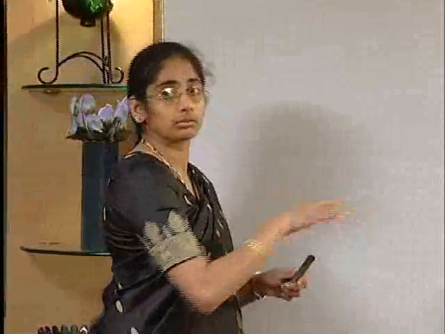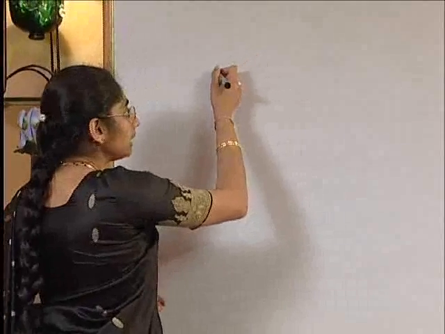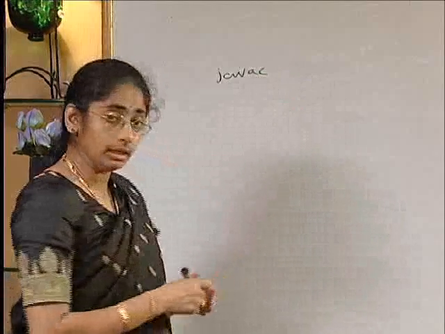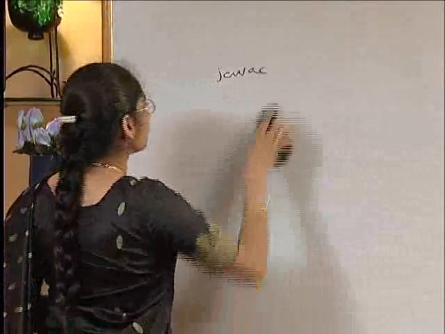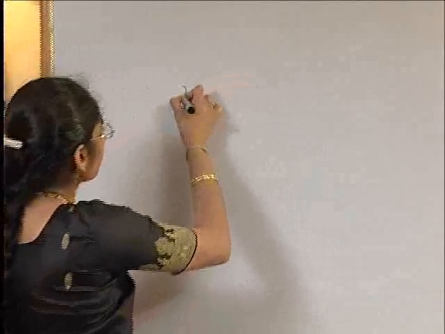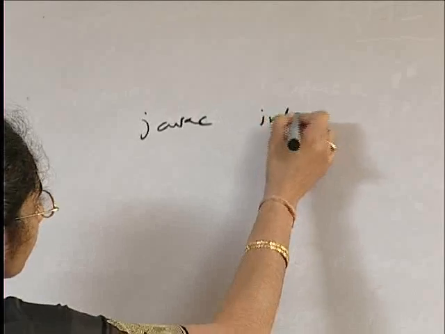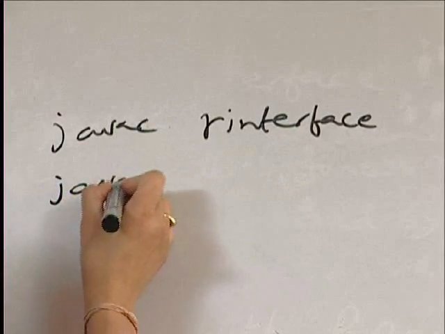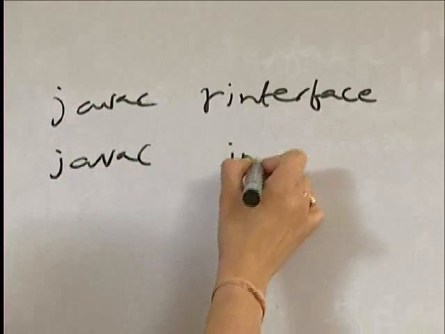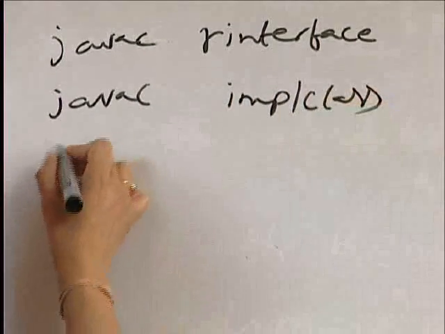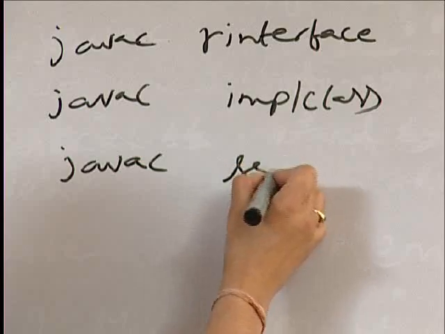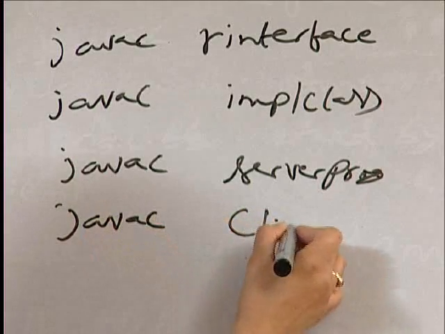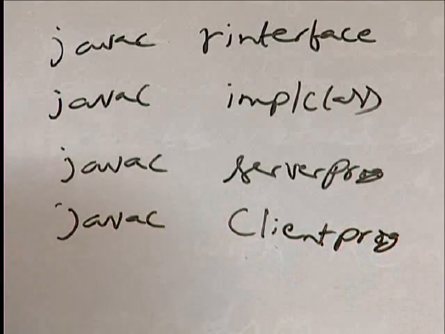To compile these programs, first compile the interface, then compile the implementation class, then compile the server program, and then compile the client program.